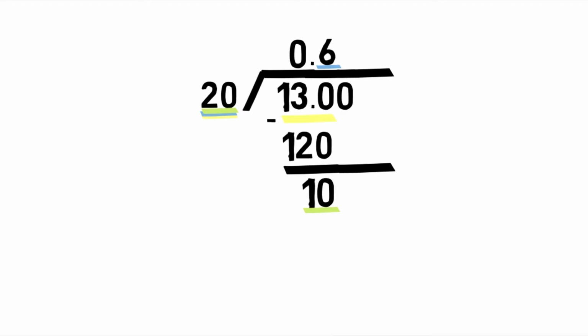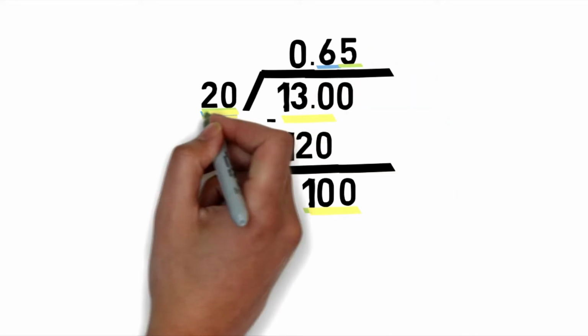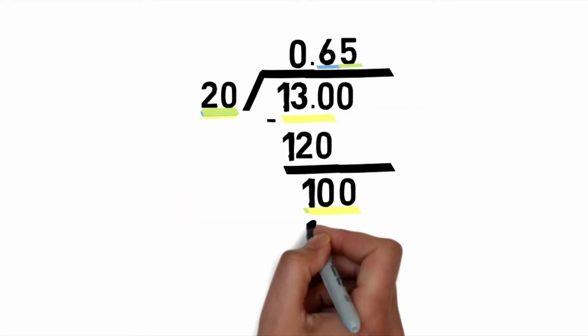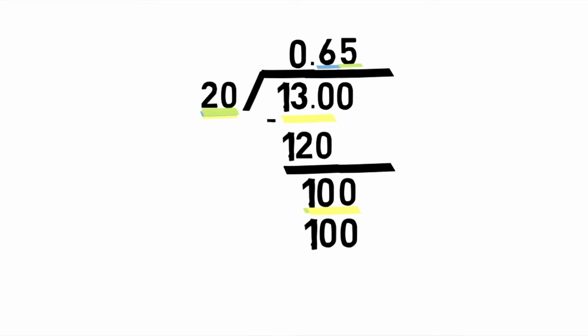Bring down the annexed 0. The remainder 10 now becomes 100. 100 divided by 20 is 5. 5 times 20 is 100. 100 minus 100 is 0.